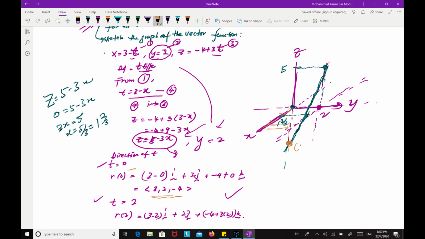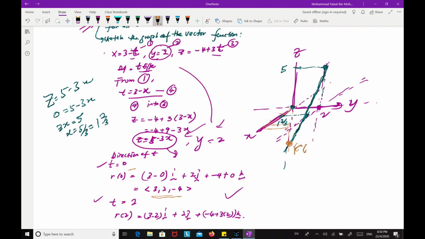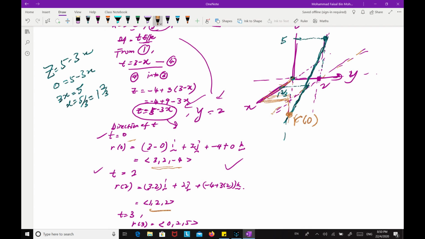So here will be your R0. Okay, check. So we have this line, this 3, 2, negative 4, and then we have 1, 2, 2 at T2.